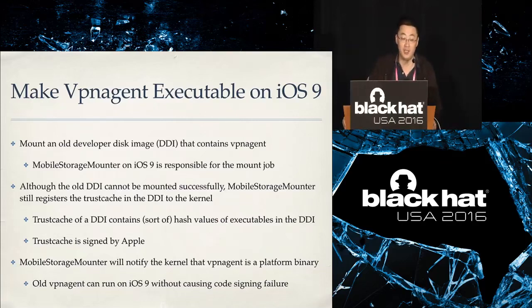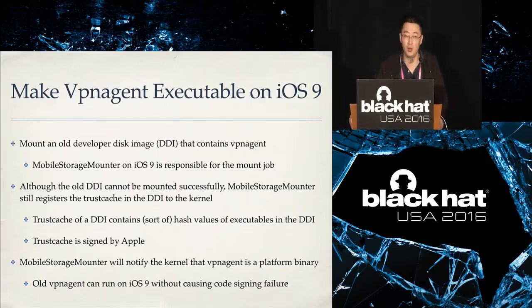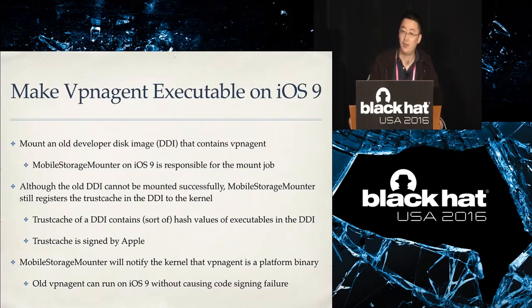In the beginning, we found that iOS 9 has a version check on the DDI. If the developer disk image is too old, it refuses to mount it. We thought maybe we cannot do this. But later, after we reverse engineered the mobile storage mounter program, which is responsible for the mounting job, we found there is a logic error.